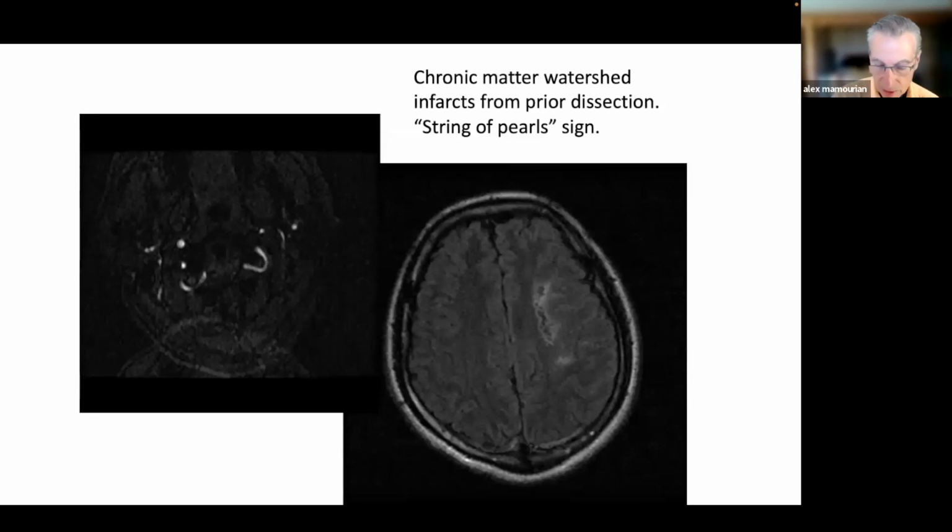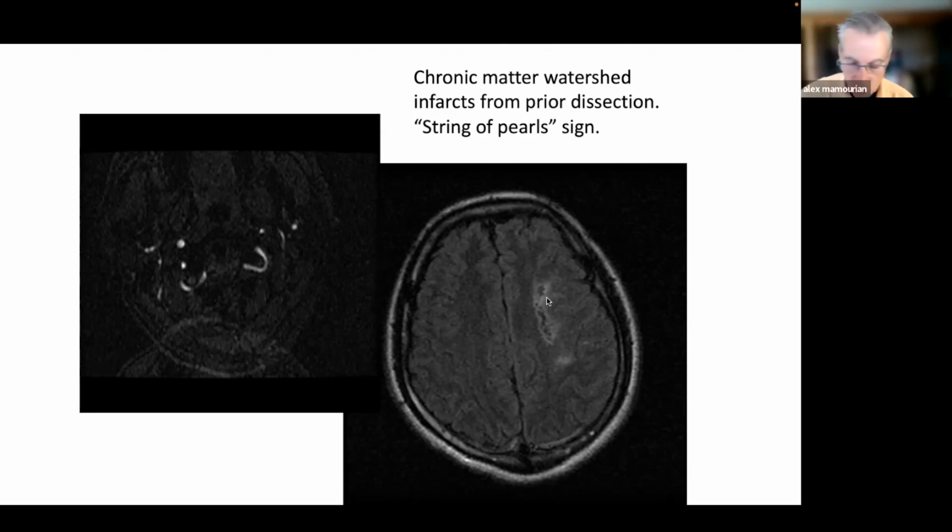I think in this last illustration, I want to show you, these are chronic watershed infarcts. You can see this on the FLAIR scan, again, dark white matter. You can see these holes in the brain with some surrounding T2 prolongation in this white matter watershed territory. This is sometimes called the string of pearls sign.